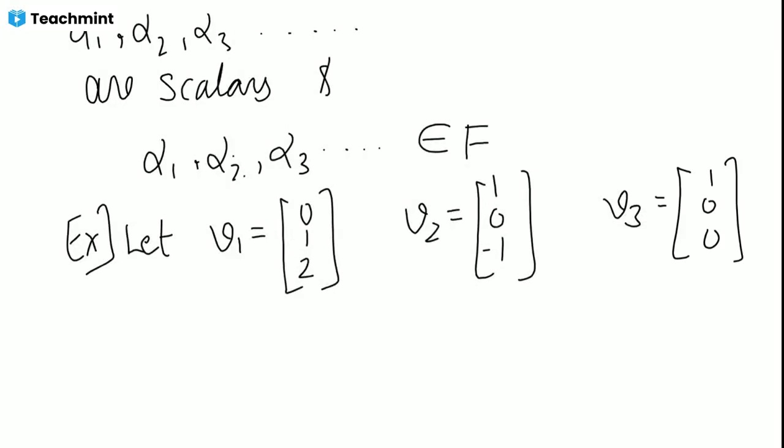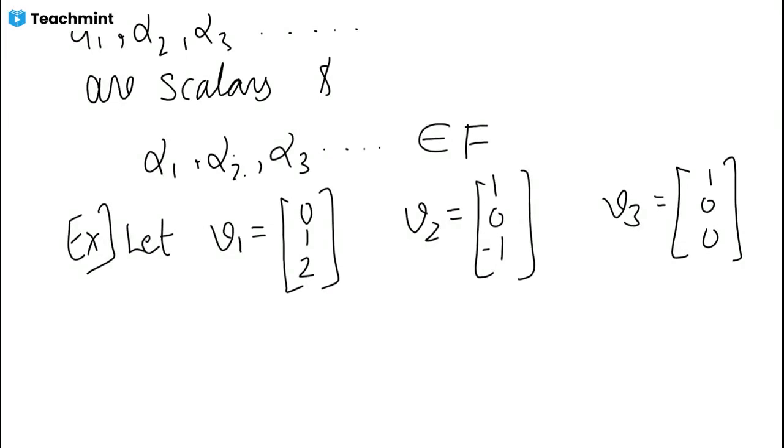Now let us form the linear combination along with alpha 1, alpha 2, alpha 3. You can take any values of them, or otherwise express it in terms of alpha 1, alpha 2, alpha 3. So R is equal to alpha 1 v1 plus alpha 2 v2 plus alpha 3 v3, because we have only three vectors, so we take scalars up to 3 only.